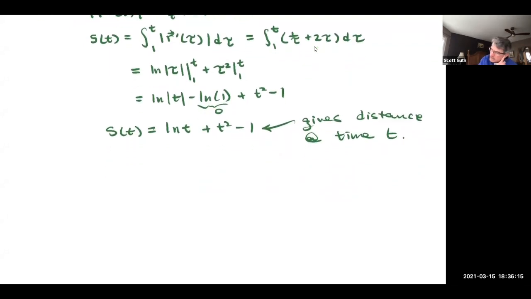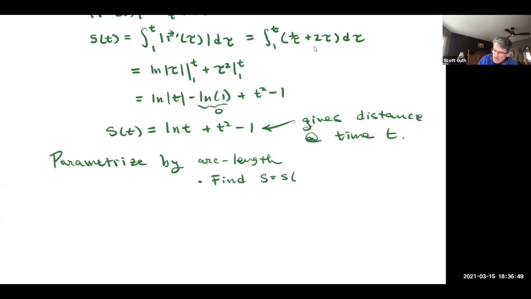Now, the idea here is, if we want to parameterize by arc length, the first thing you have to do is find s of t. Let's say s is s of t.